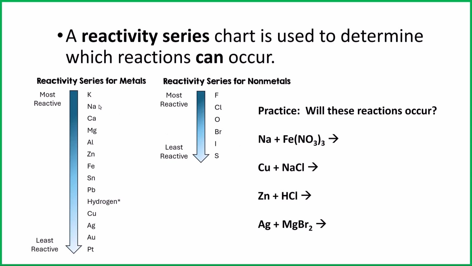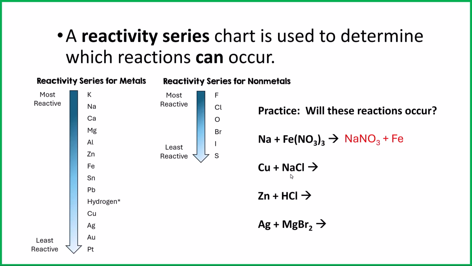So sodium is found here on our reactivity series for metal, and iron is found further down. So this single element is more reactive than the one it's replacing, and therefore the reaction will occur, and we'll end up with sodium nitrate and iron out on its own.